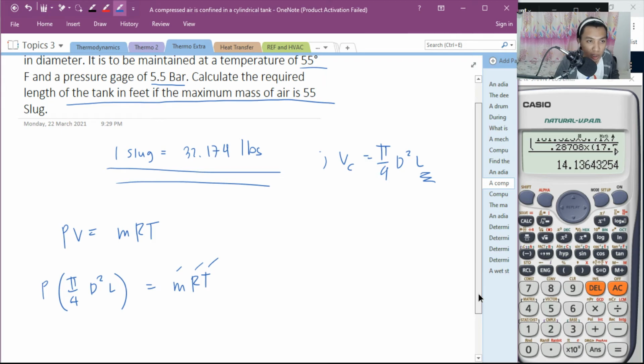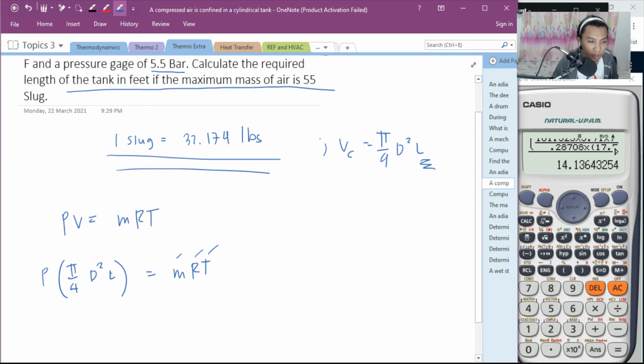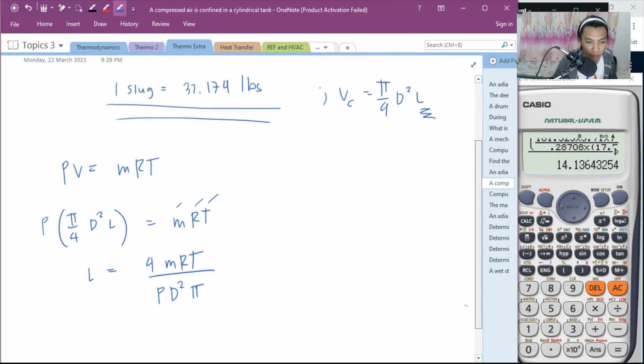Pressure gauge is 5.5 bars. Okay, let's simplify. L is what remains: 4MRT over P d squared times pi. This is our formula for length.